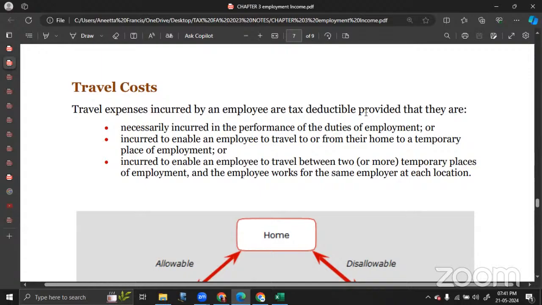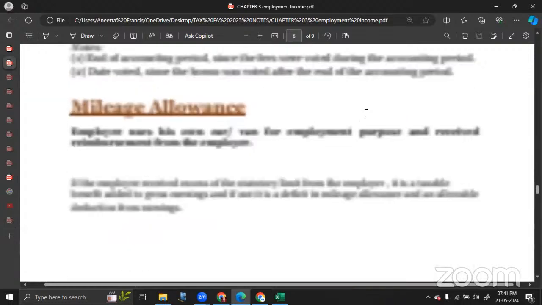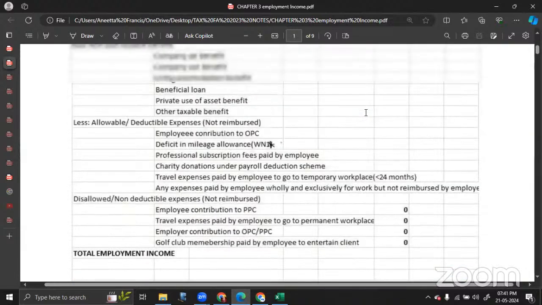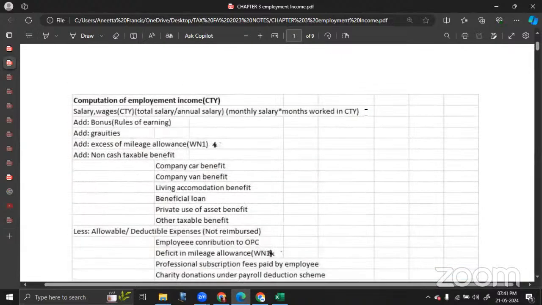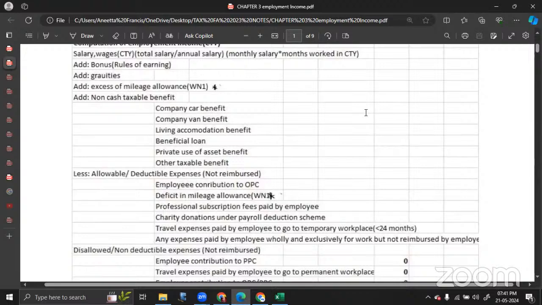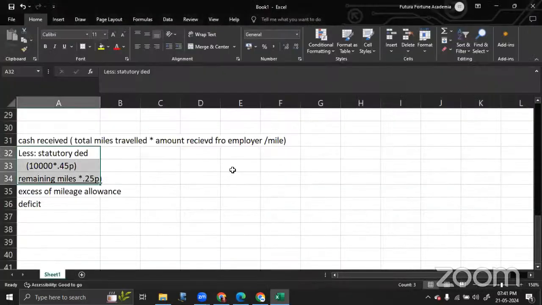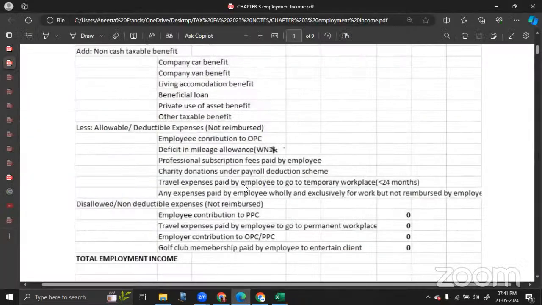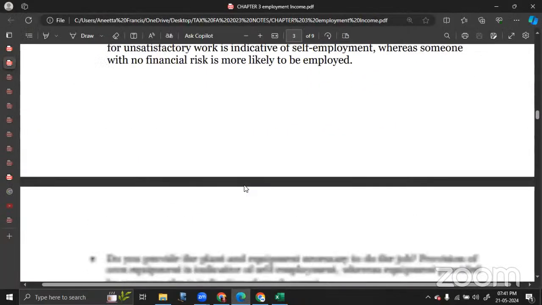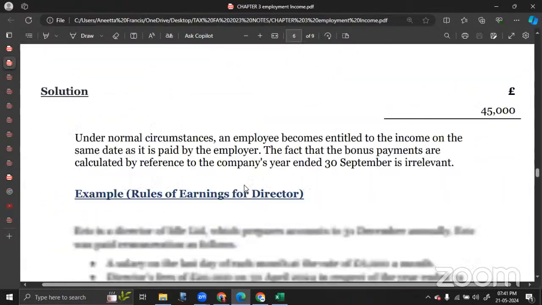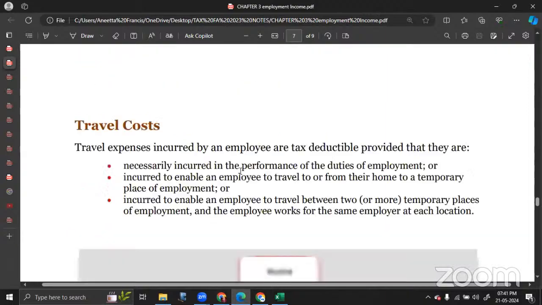That £100 can be deducted from her salary if she is incurring the travel cost, but no one is reimbursing it. Sorry, my bad, it is the other way around. Any travel expenses between home and temporary workplace is deductible.